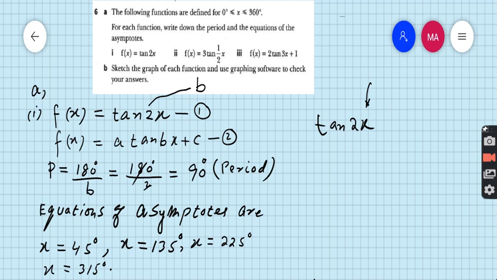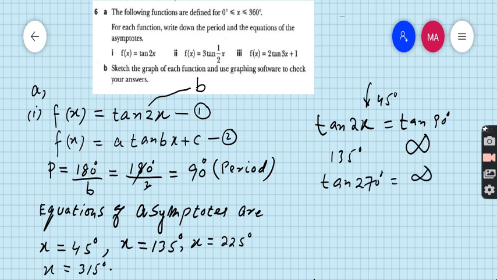First, if you put 45 degrees, then you will get tan 90 degrees, and tan 90 degrees is undefined. You can check with the help of your calculator. The sign of undefined is this. Then if you put 135 degrees in your function, 2 into 135 is 270, and 270 again gives you infinity or math error in your calculator.